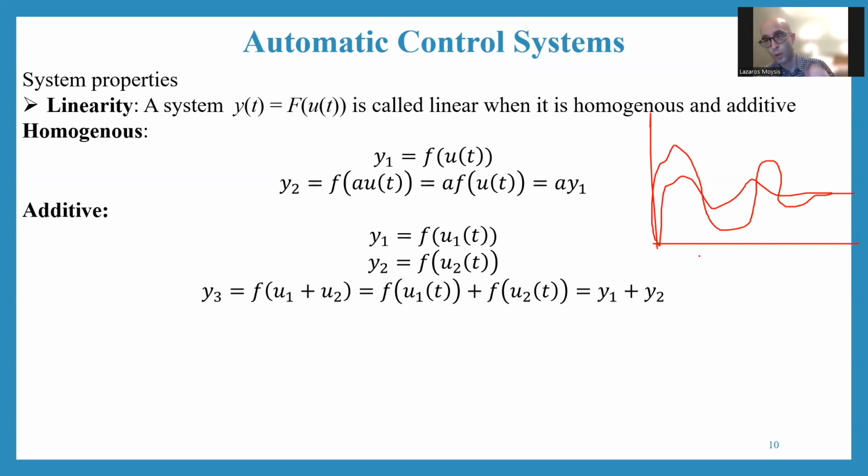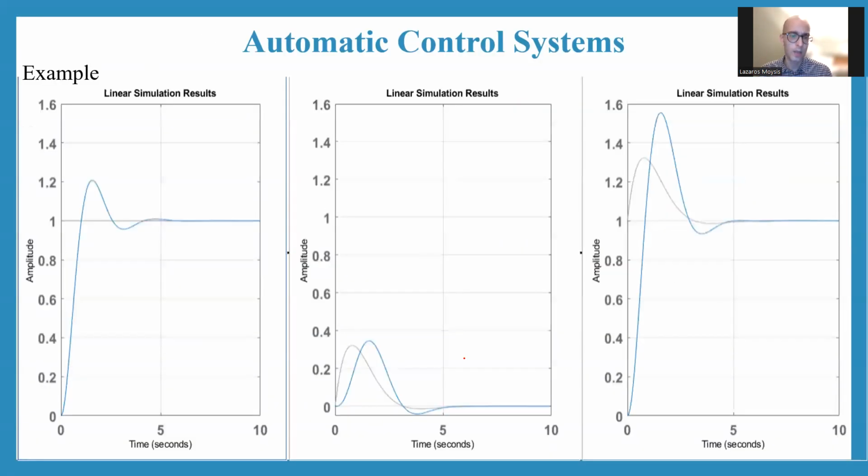So if the system is additive, we can actually simulate the system using only our own known input, then compare this result with the case that we have an unknown input, and by observing this difference, we are actually able to estimate what is the result of the unknown input to the system. Okay, so these are very, very important properties. Of course, these are fundamental in linear systems. If the system has non-linear terms, these properties will not hold anymore. Okay, so this is just a simple example.